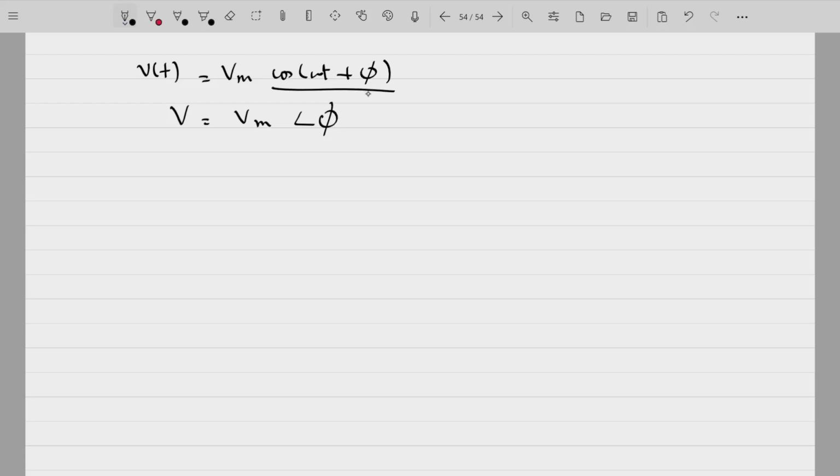Now this is a trigonometric form. This is actually a complex number here. Vm angle phi represents a complex number. So if this is a complex number, you can also show it on a complex plane having the real axis and the imaginary axis. Fine.